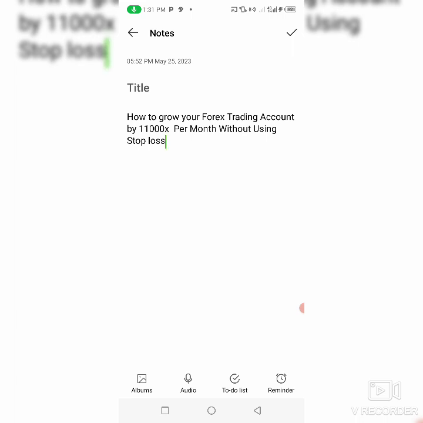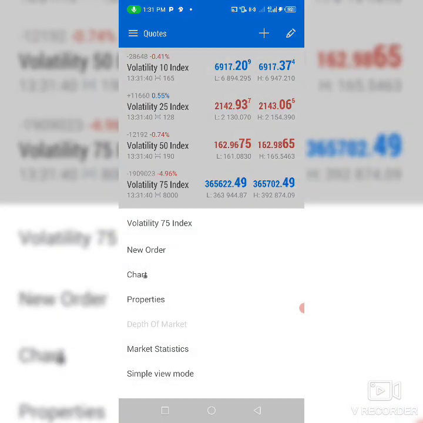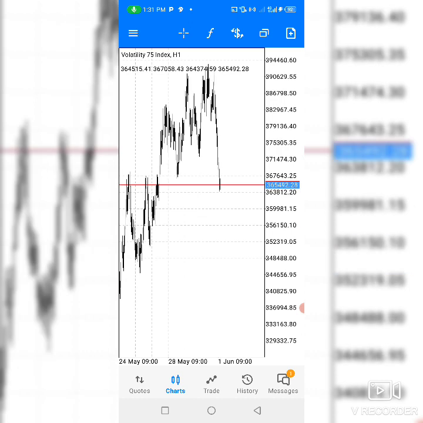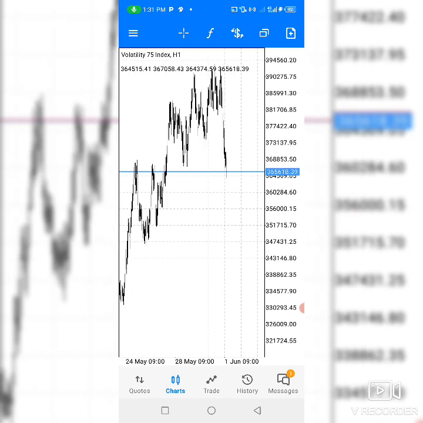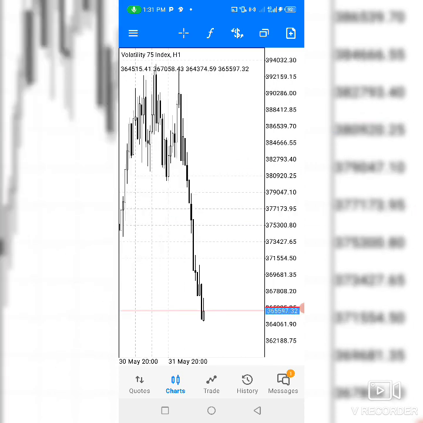You know that in traditional margin trading, like for instance, this is a volatility 75 index, our stop losses are being tampered with. Our stop losses are being placed at risk.